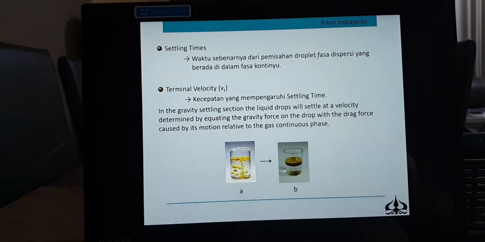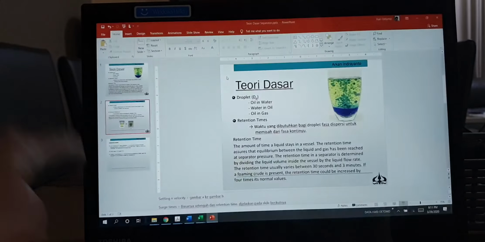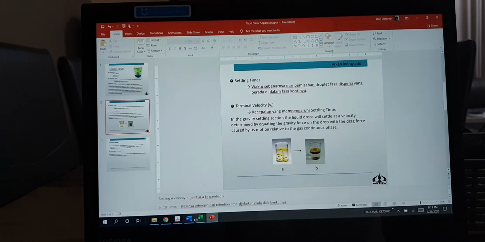This settling time relates to Vt. It also depends on the drag of the droplet in the gas phase. We'll talk about it later, if you want to see it.